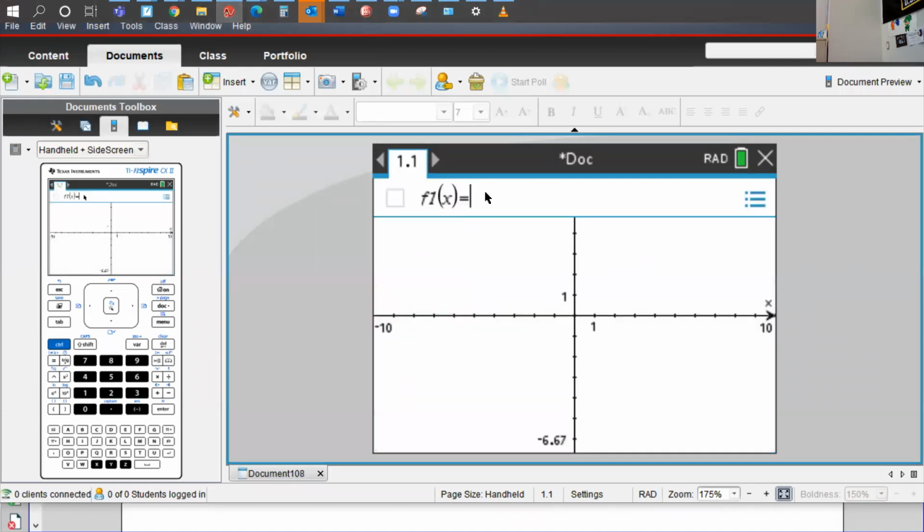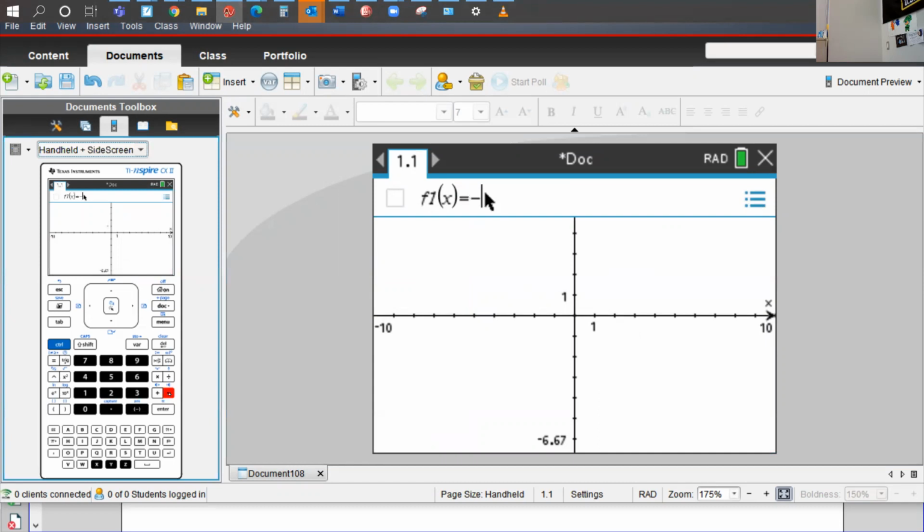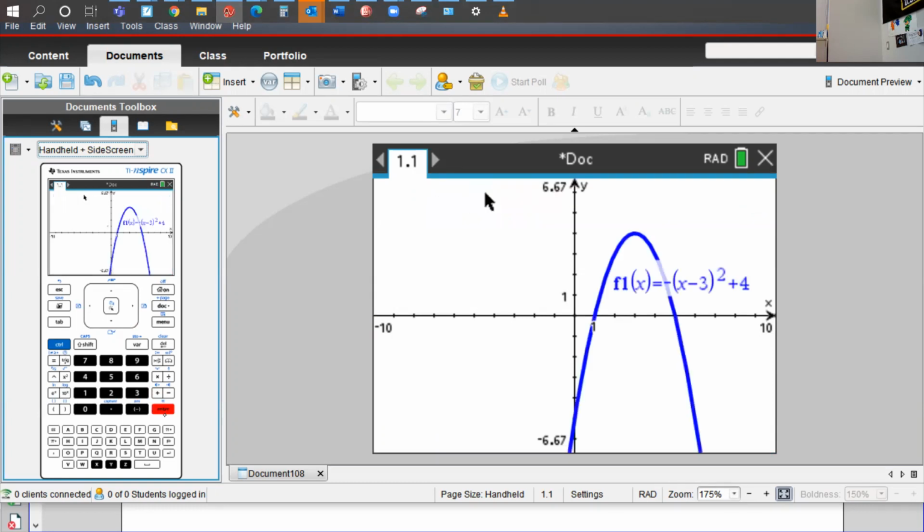It's going to be minus parentheses x minus 3 close parentheses, and that squared, making sure my cursor is down, plus 4. Enter. Again, the reason why I'm doing this is I want to find that second point on that second dot. I want to be in the right location.